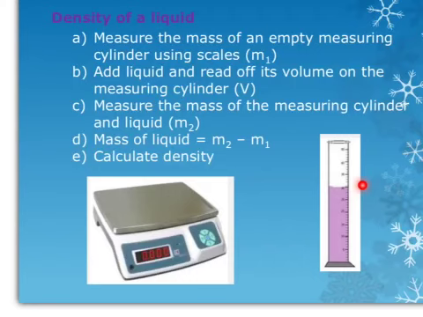Then you measure the mass of the measuring cylinder with liquid in it and call it M2. So put this whole thing on here and read off. Then the mass of the liquid in the measuring cylinder is simply M2 minus M1. Then you calculate the density once again by using this formula, rho equals mass over volume.